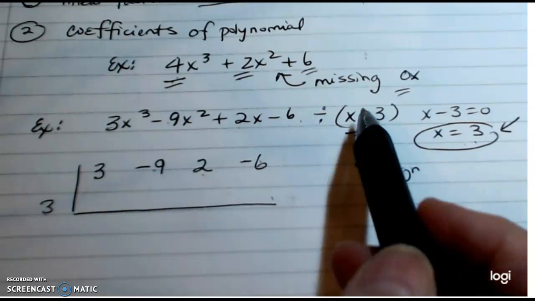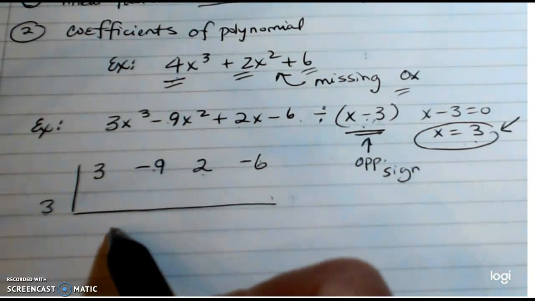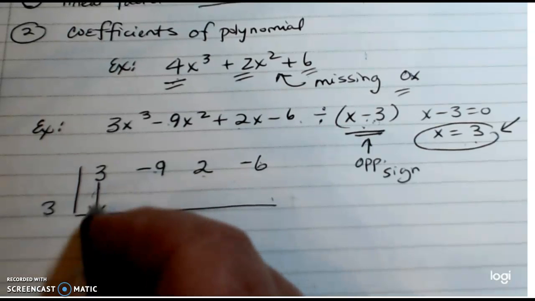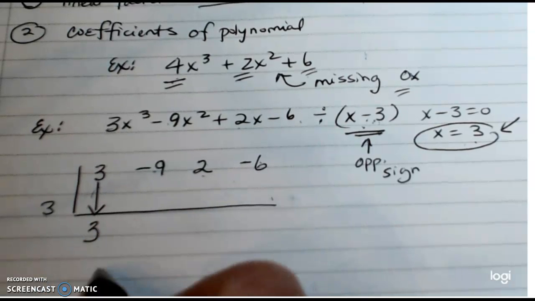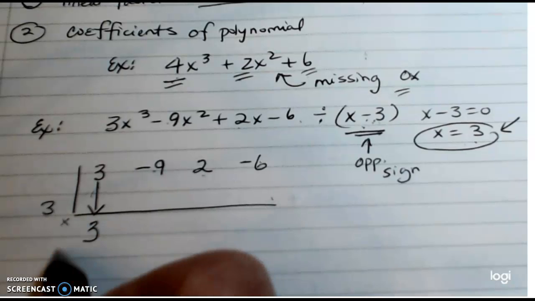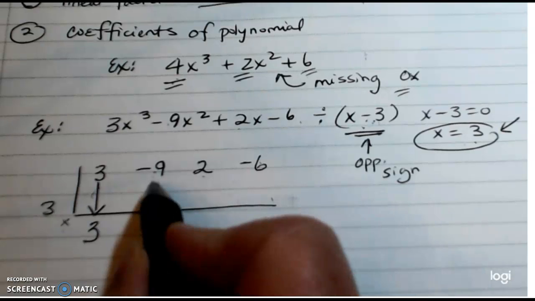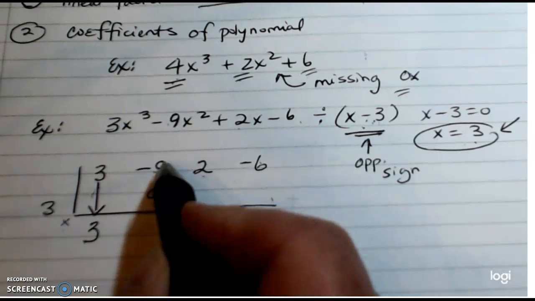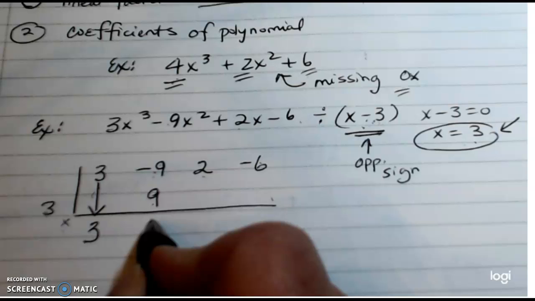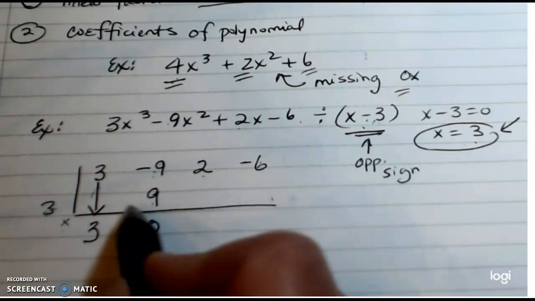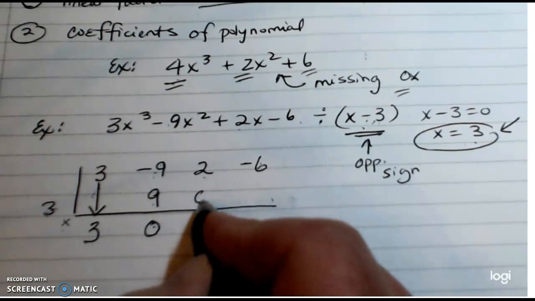Okay. The steps are the following. Your very first coefficient, bring it down as it is. Now you're going to use it as a multiplier. 3 times 3 is 9. Now you add. Negative 9 plus 9 happens to be 0. Use that as a multiplier. 3 times 0 is 0.